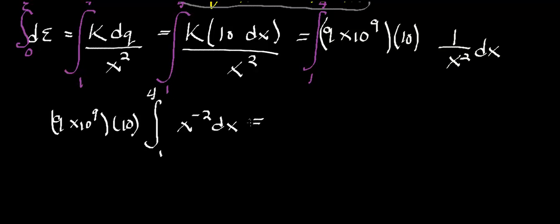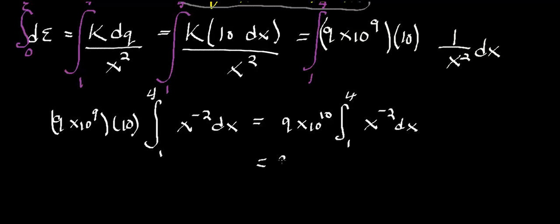And just to simplify things a little bit more, if we multiply 10 to the 9th times 10, we should get 9 times 10 to the 10th times the integral from 1 to 4 of x to the negative second dx.